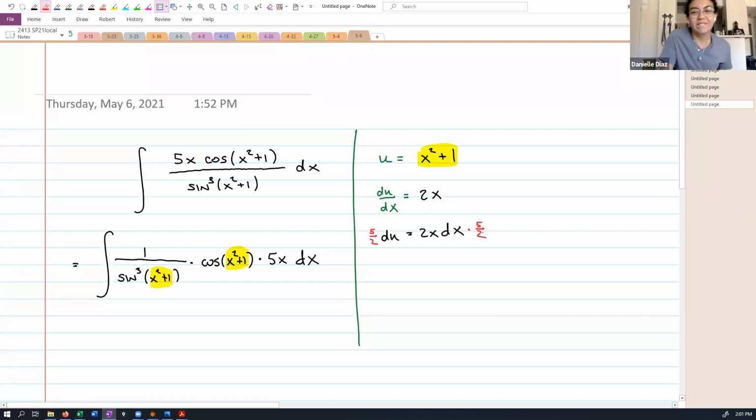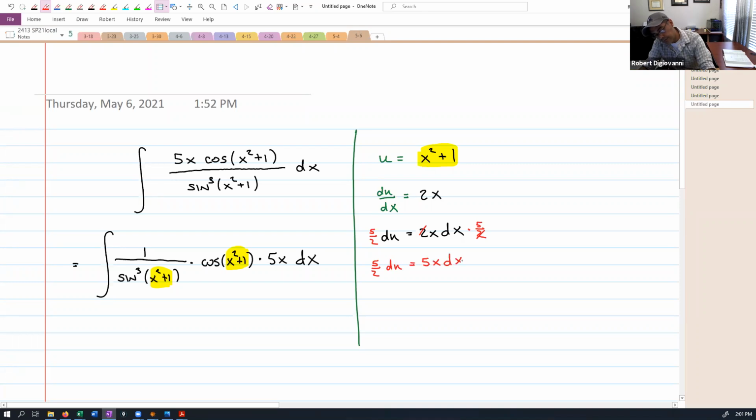If I do that, the 2's cancel, right? The left side is 5 halves du, and the right side is now 5x dx. Isn't that clever? Just scaling it so that it makes it match. I'm playing a little matching game. This is fun.